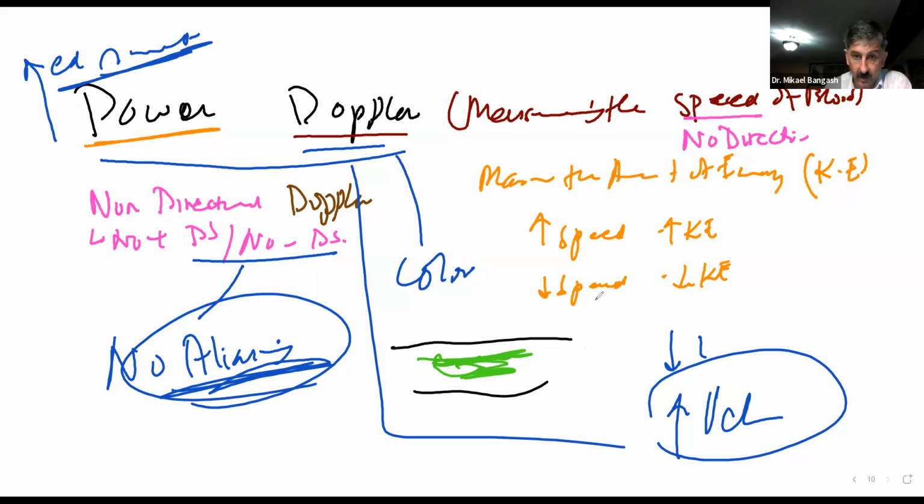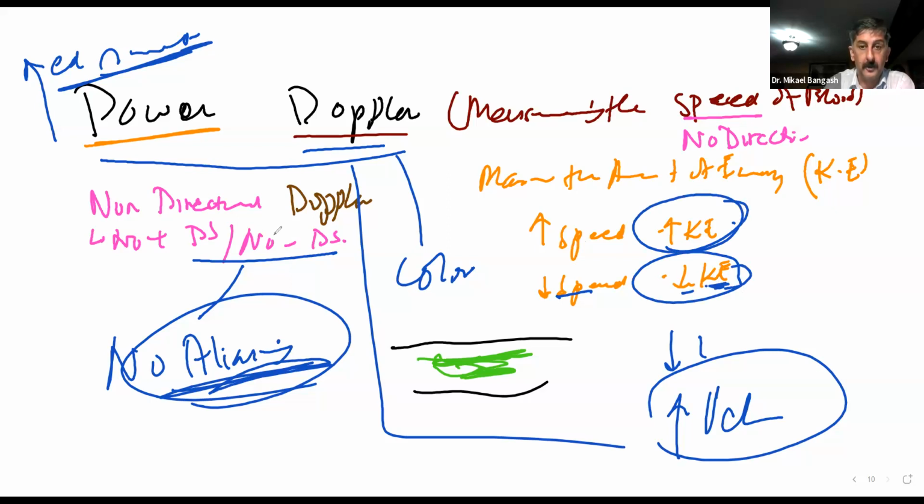Which are low velocities, sorry, low speeds. Because it has a high sensitivity, it will be able to detect small amounts of kinetic energy. But because it is non-directional, you will be able to record a higher amount of kinetic energy without aliasing.